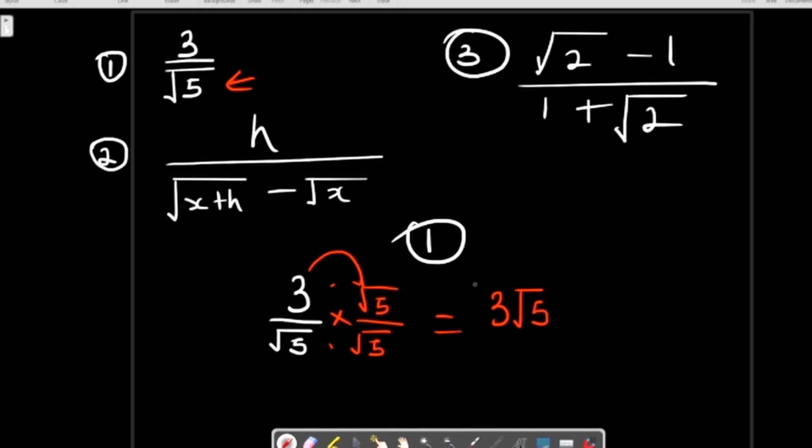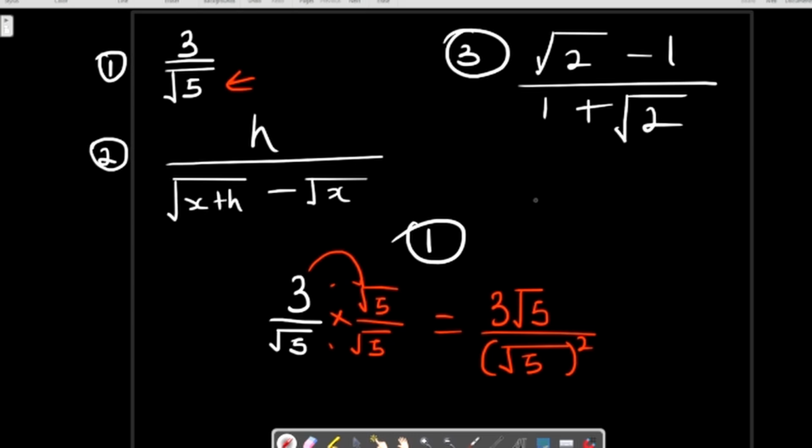In this form, it simply means that 3 is multiplying the root of 5. Therefore, 3 times root 5 will give you 3 root 5 all over. And down here, you have the root of 5 times the root of 5. If you multiply the two of them together, you are going to get the root of 5 all squared.